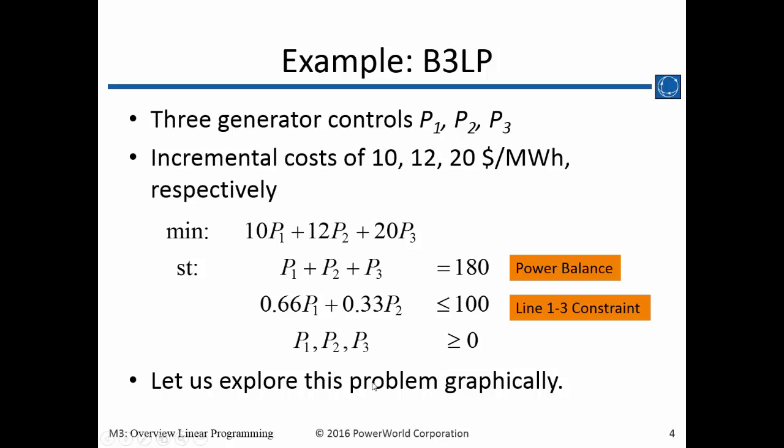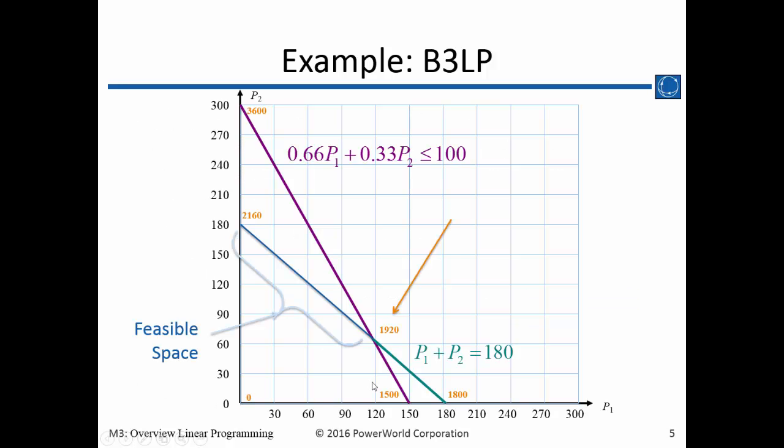So we can look at this problem graphically too. It's easy graphically, but we can really only look at things in 2 dimensions at a time. So the 2 dimensions that we're considering are just the output of generator 1 and the output of generator 2. For the moment, we're ignoring generator 3 as a control. And really, if a control is not a marginal control, you can't ignore it.